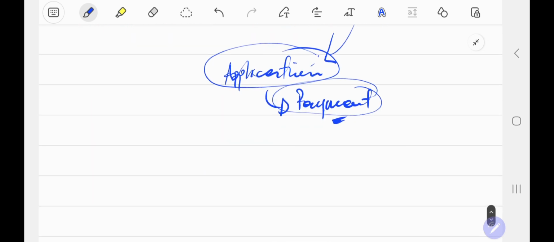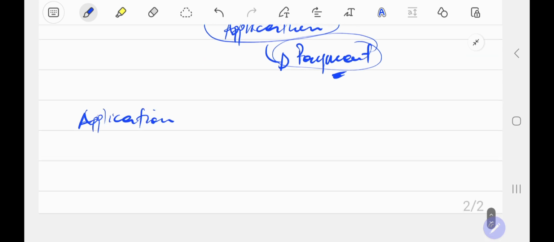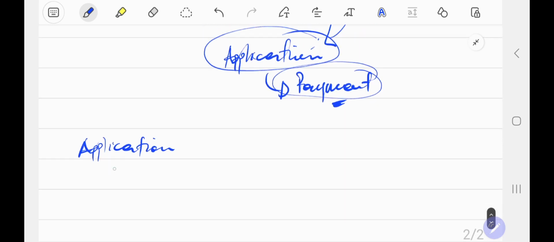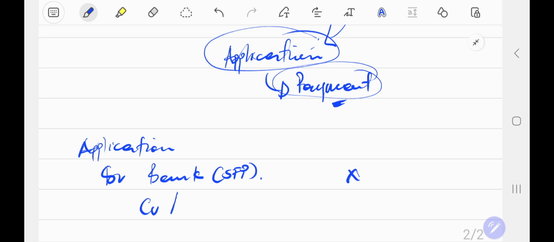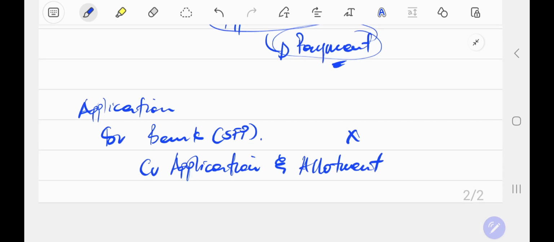So when a person is interested in buying the shares, there's going to be a journal that we call the application journal, right? That means that the company, when it receives this payment from the potential investor, debits bank because they have received money. So bank, SFP, and then they are going to credit an account called application and allotment, right?